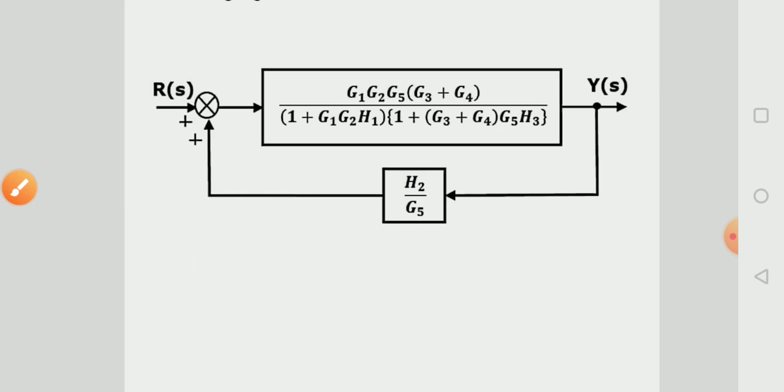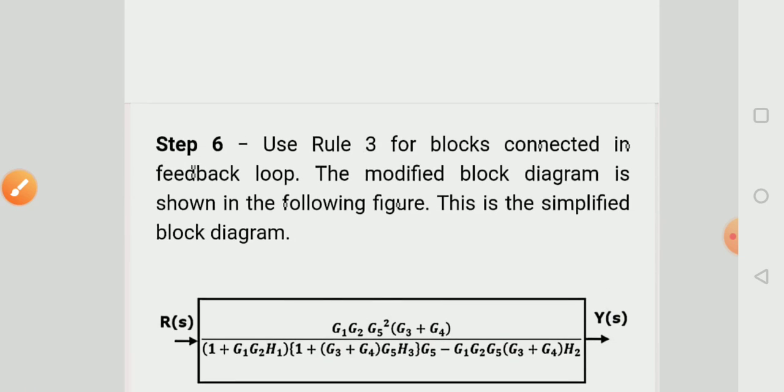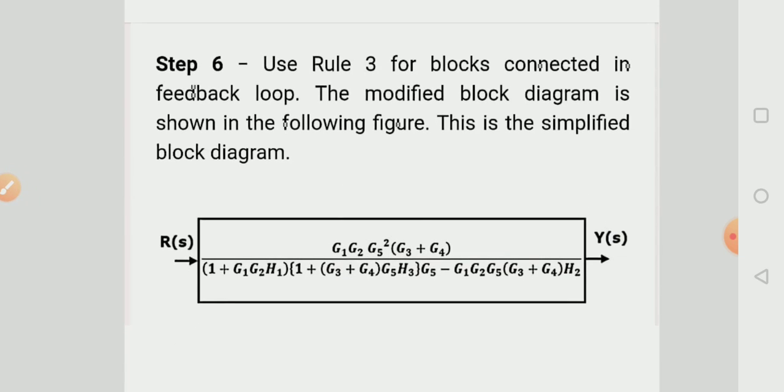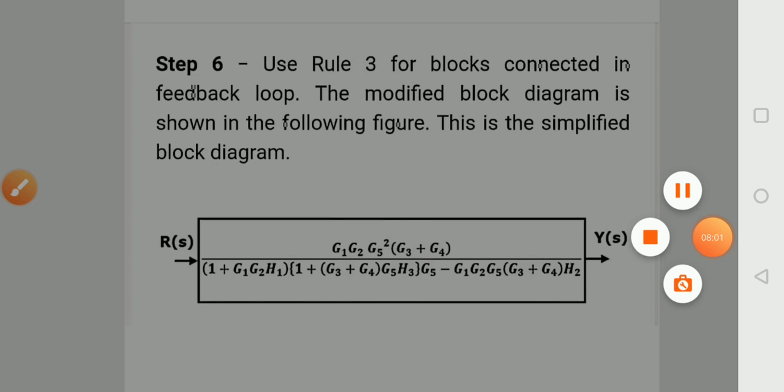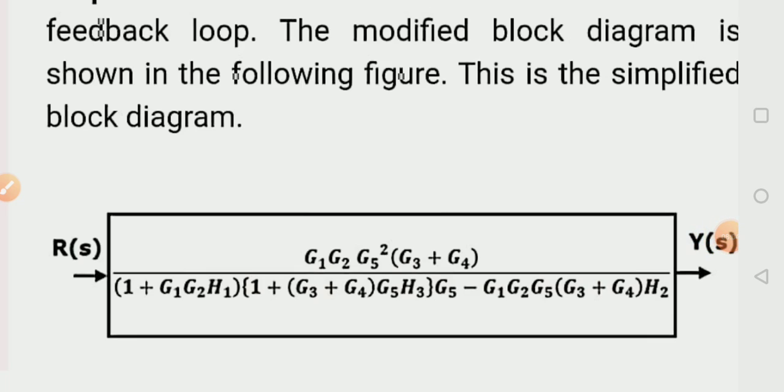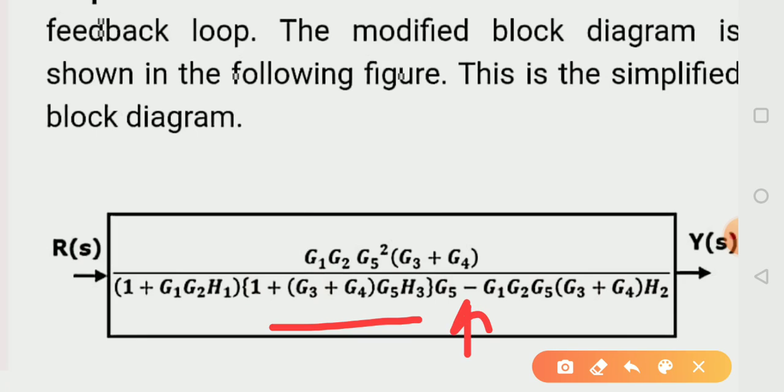So after calculating it, we obtain the value G1 G2 G5 square into G3 plus G4 upon 1 plus G1 G2 H1 and 1 plus G3 plus G4 G5 H3 G5 minus G1 G2 G5 into G3 plus G4 into H2.